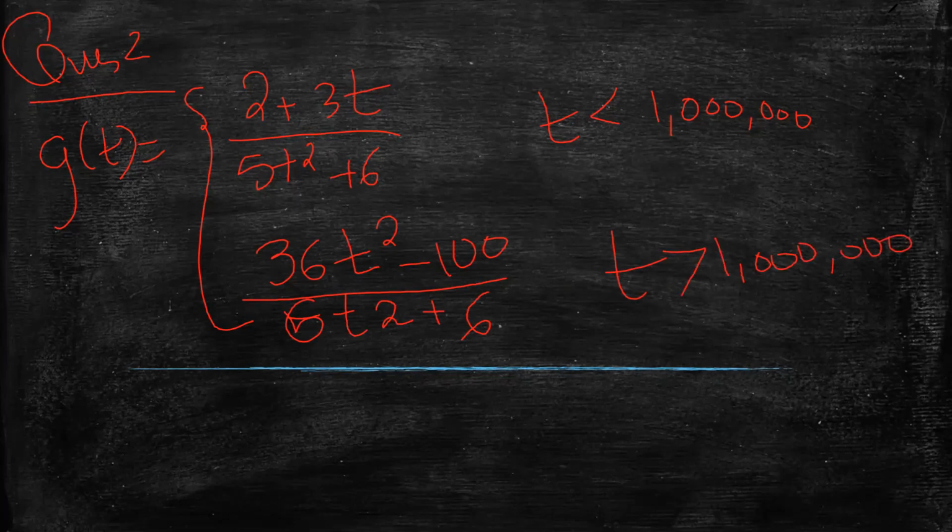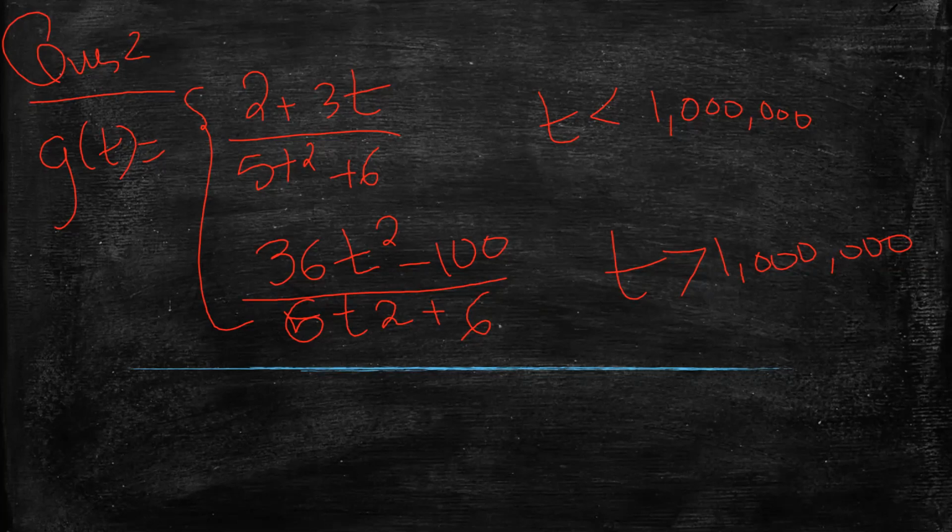I will change something here, okay? Take care. Here now he told me that if t is greater than 1 million, you will use 36t squared minus 100 over 6t squared plus 6, and if t is less than 1 million, you say 2 plus 3t over 5t squared plus 6.